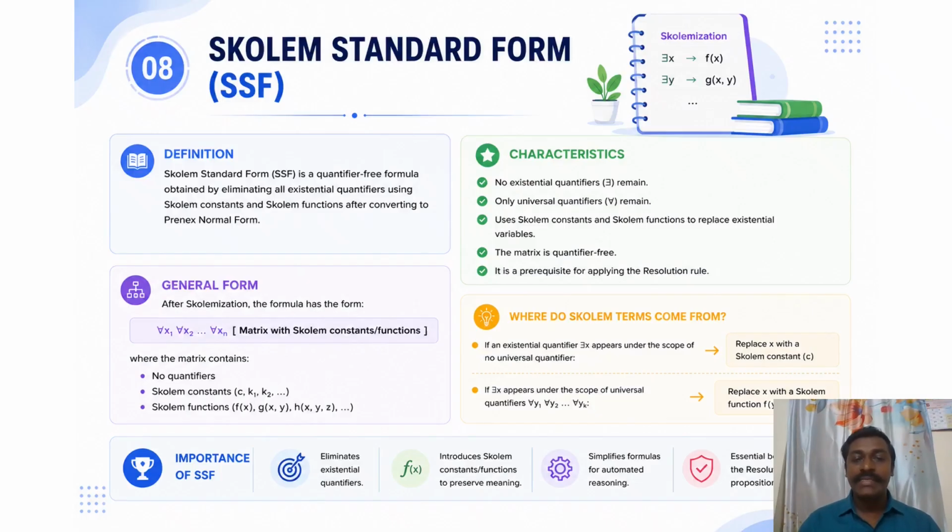The matrix never contains any quantifiers, and it will contain only the Skolem constants such as c, k1, k2, and the Skolem functions can be f of x, g of x comma y, h of x comma y comma z.